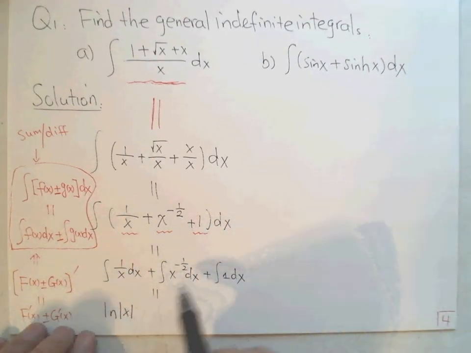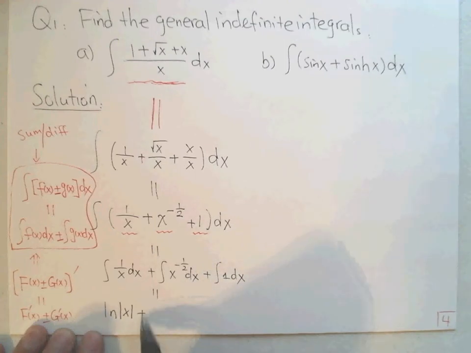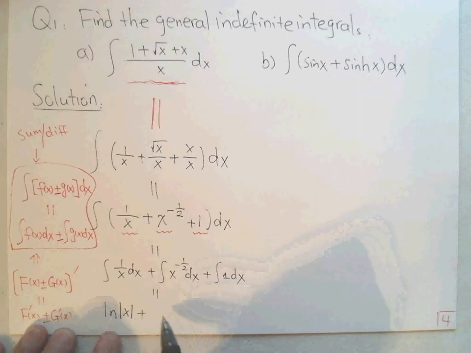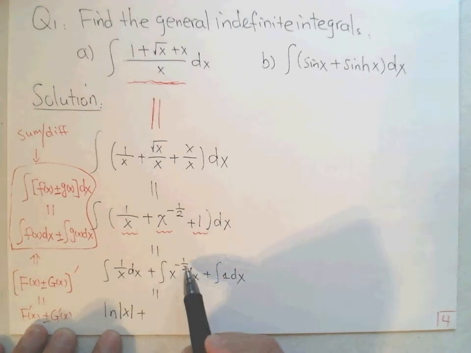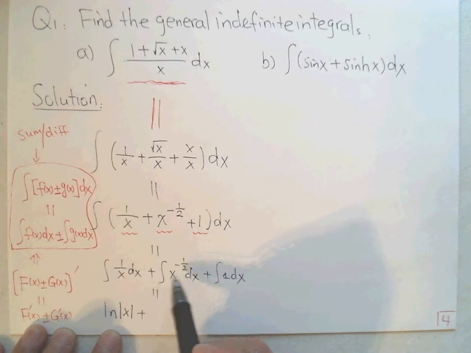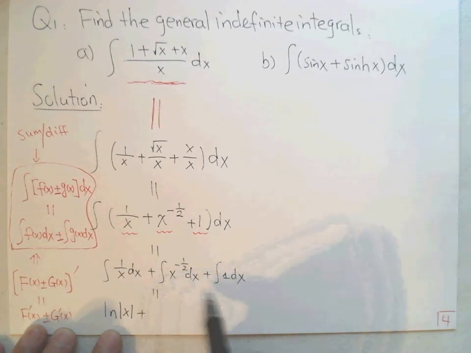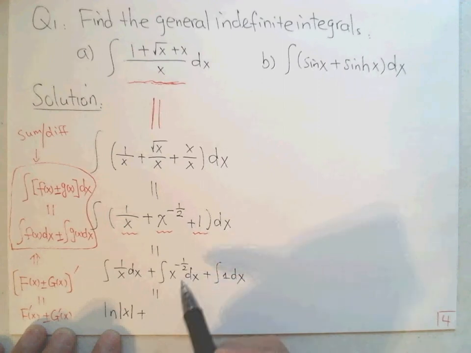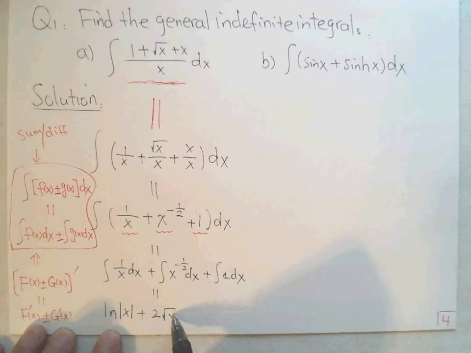The second is a power function. So what do we need to do? Raise the power plus 1, which gives x to the 1/2, which is square root of x, and then divide by 1/2, which means times 2. So it is 2 times square root of x.